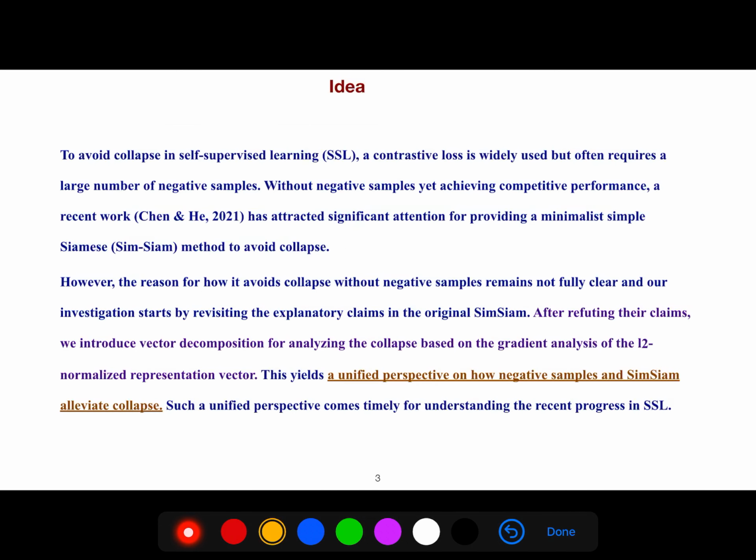which I've explained. So the idea is that to avoid collapse in self-supervised learning, a contrastive loss is widely used but often requires a large number of negative samples. Without negative samples, yet achieving competitive performance, recent work has attracted significant attention for providing a minimally simple SimSiam method to avoid collapse.